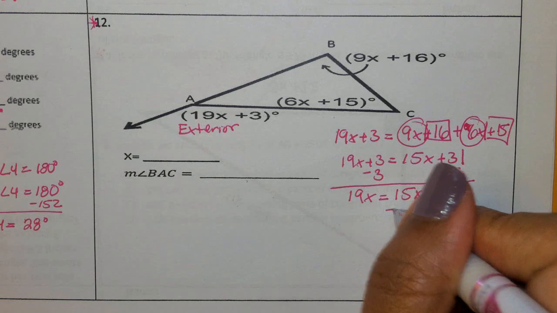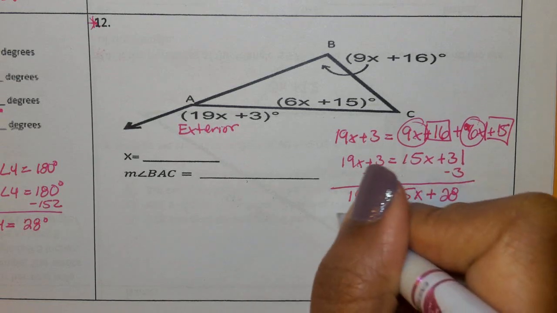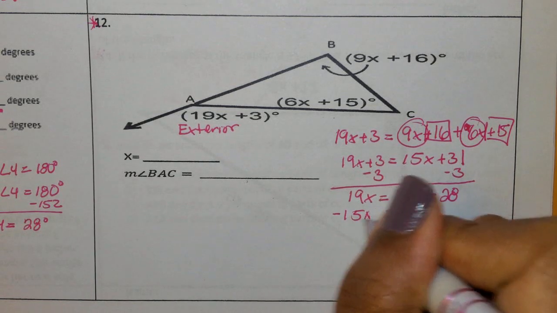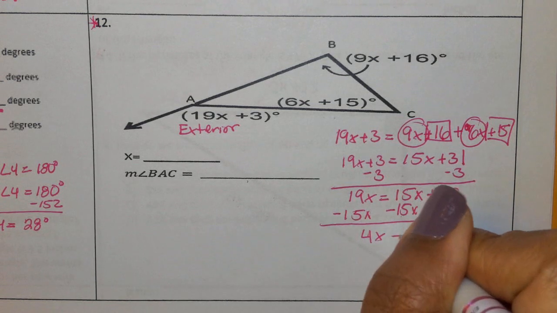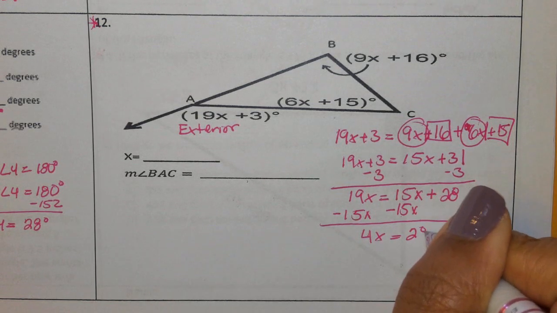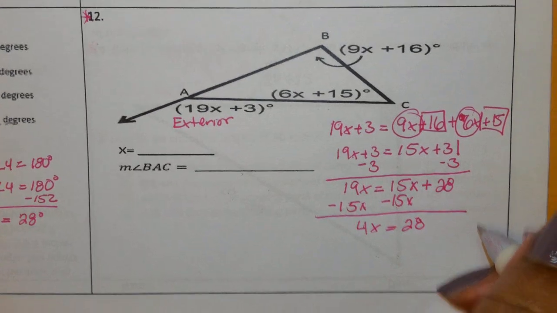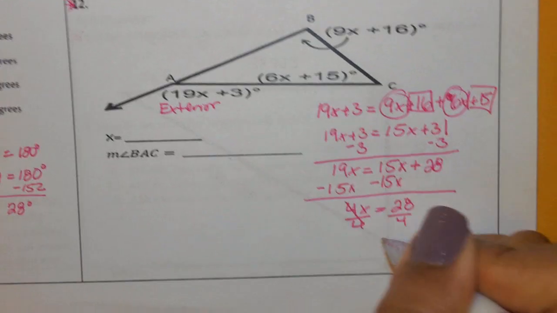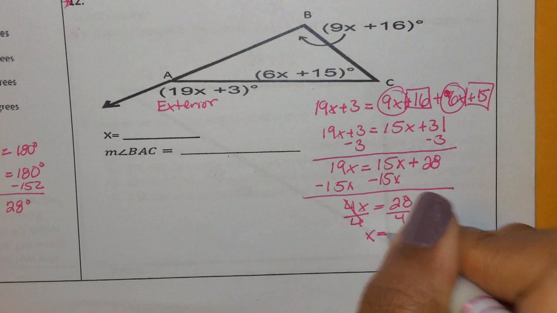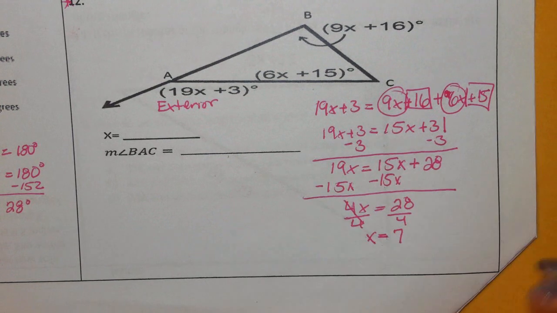I'm going to subtract the 15x because it's the only thing that I can move without creating more work for myself. Okay. And then of course dividing both sides. X is going to equal 7. They asked us for x, we delivered. Bam!